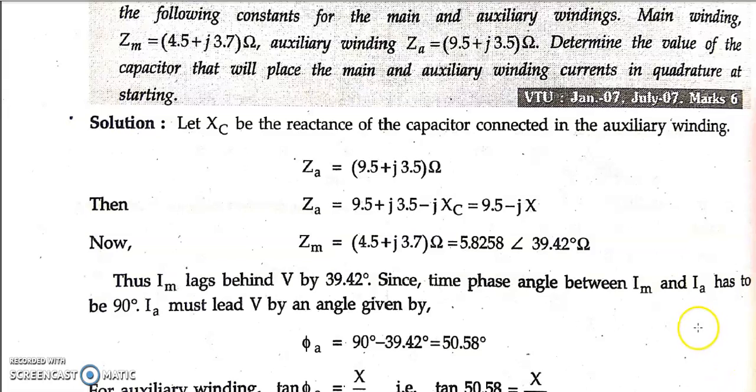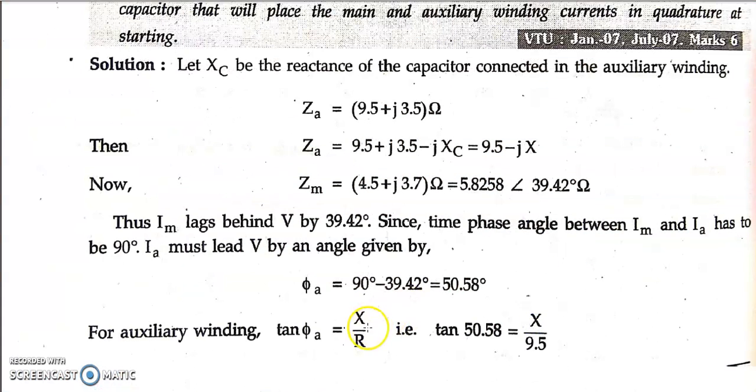Now we need to know what angle the current Ia in the auxiliary winding should make so that the phase angle between Ia and Im is 90°. Just subtract 39.42 from 90° and we get 50.58. So current Ia should lead the voltage phasor by 50.58°, so that 50.58 plus 39.42 gives 90°, the angle between Ia and Im.